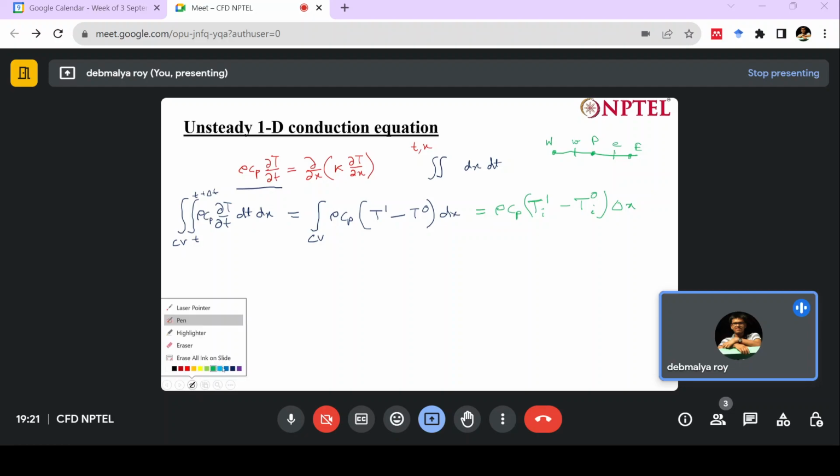Alright, let's look at the second term as well quickly, the right hand side term. What would happen when we integrate it with respect to t and x? In this case, we would first integrate with respect to x because that would help us simplify the equation or calculation.